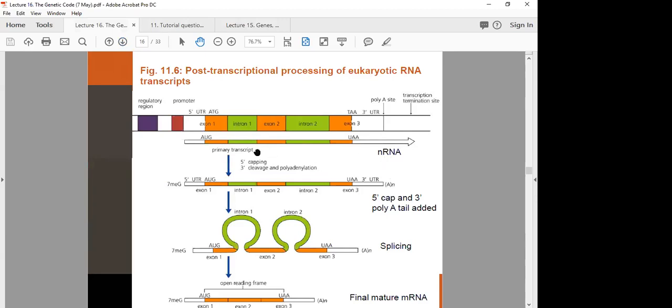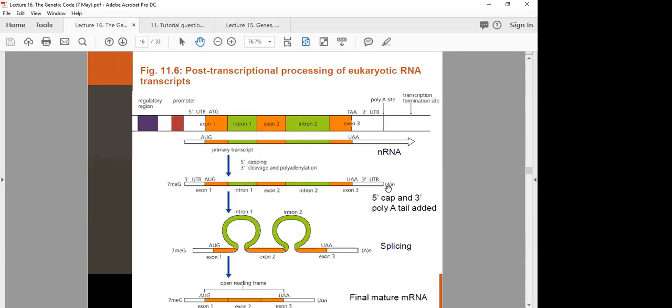All right, that nuclear RNA has to be processed. It's processed by having a 5' cap added to it. Here we go, 5' cap. And at the other end, it needs to have a poly A tail added.